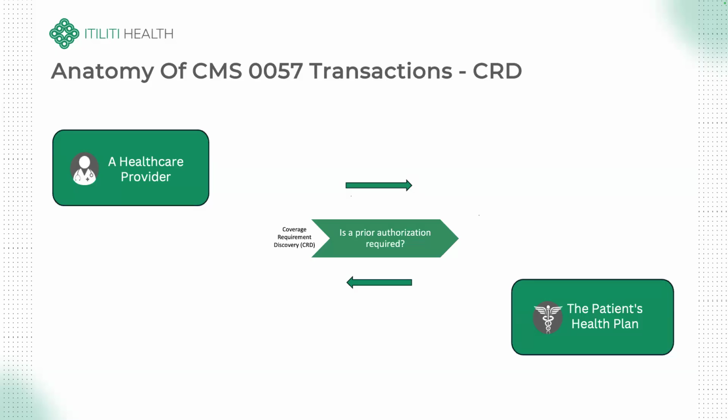The way this transaction flows is extremely similar to a browser-based transaction where a user is filling out a form on the screen, hitting submit, and that data is being sent to the payer, and the payer is responding back with some information that gets displayed on the screen.